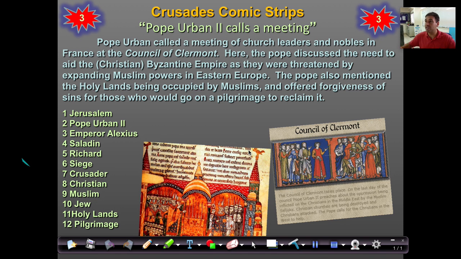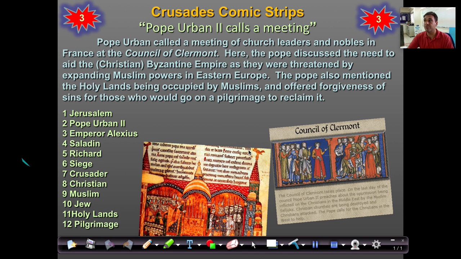So, the Pope is basically doing a call to all Christians in the western half and saying, come, we need to fight off the Muslims in Jerusalem. We need to get them out of Jerusalem. Why did the Pope do this? What's the rationale? Yes, Jerusalem is the birthplace of Jesus, which is very important.